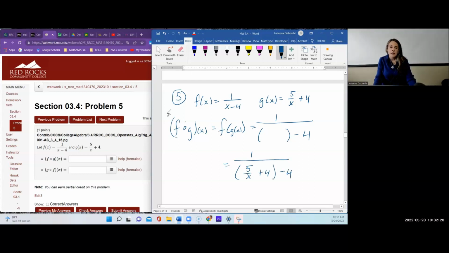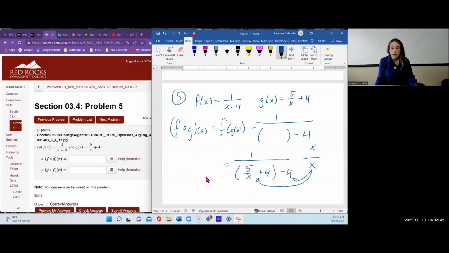Now we could leave it like this, or we could try to get rid of this complex fraction. To get rid of the complex fraction, the only little denominator we have is x. So I could multiply this by x over x. When I do that though, I have to distribute the x over both sets.